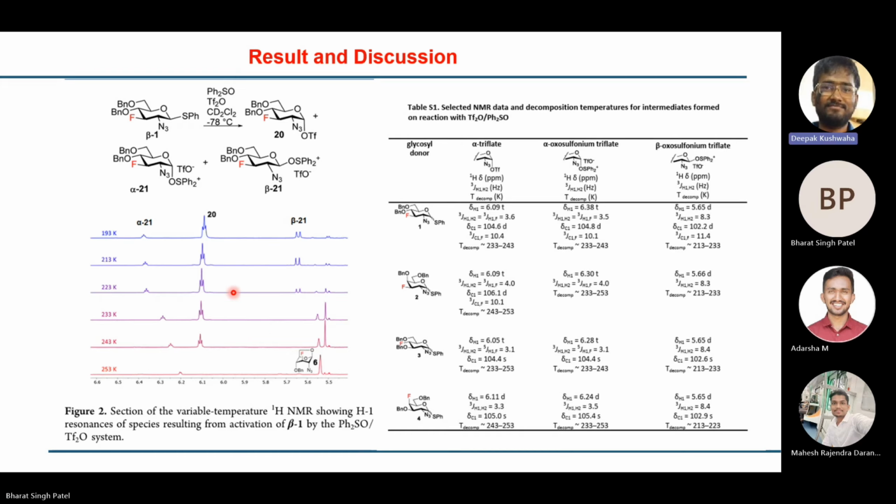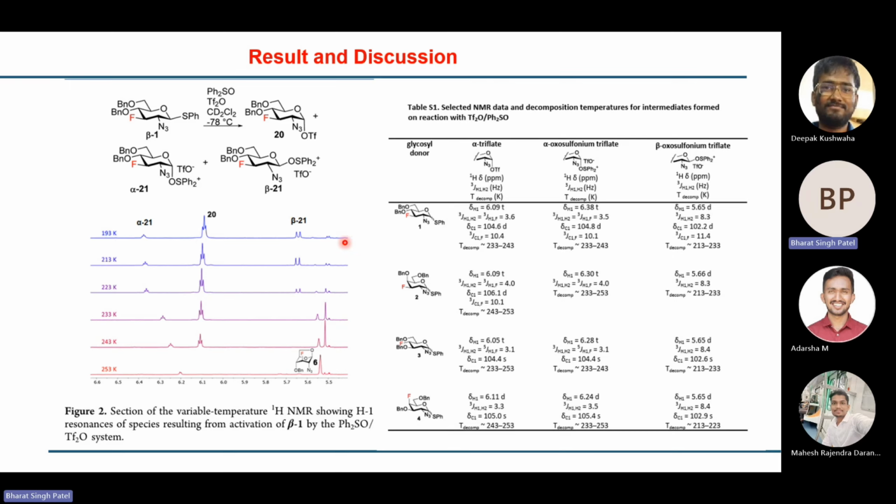Because it means that the C6 OBn has to get deprotected, right? Yes, sir. So what they are telling is, they are taking this promoter, and as the temperature comes up to -30, -40 degrees, they started with -78.